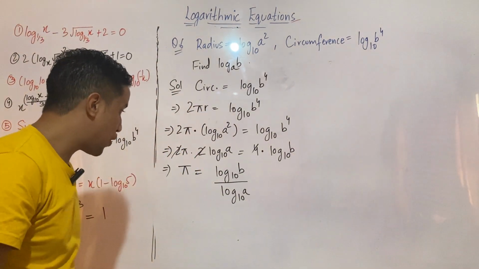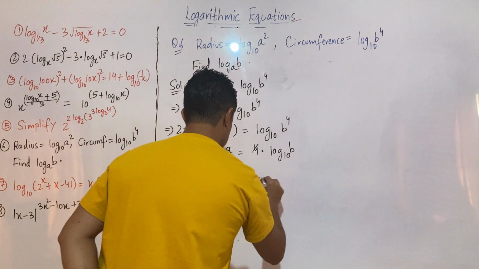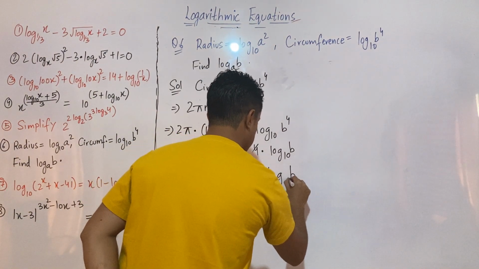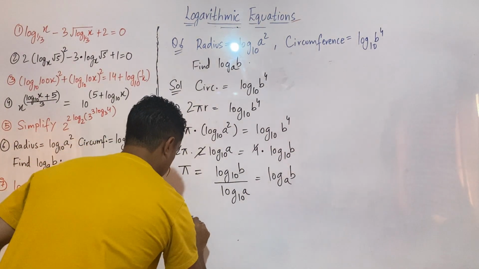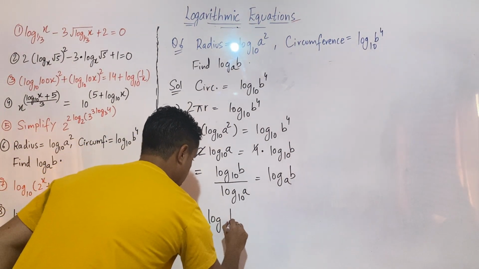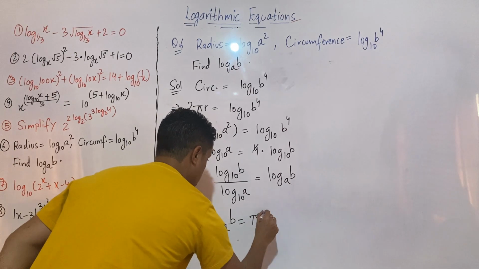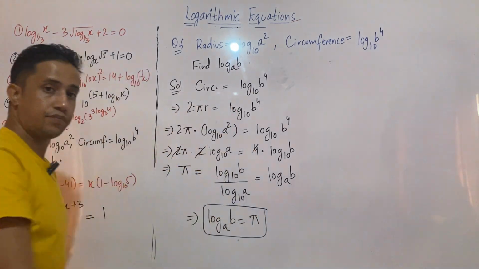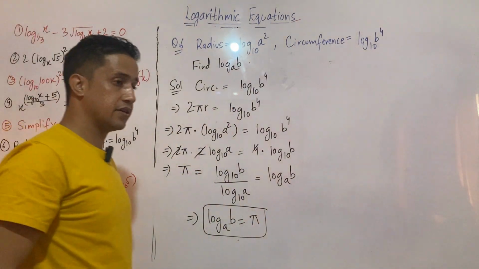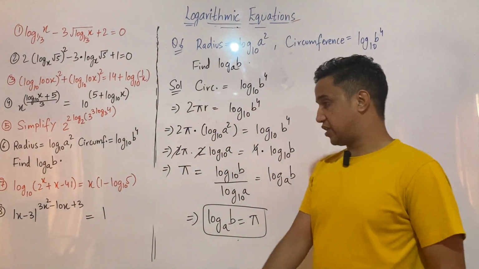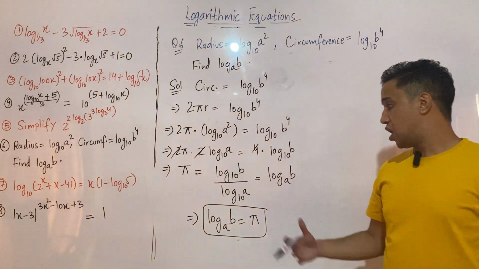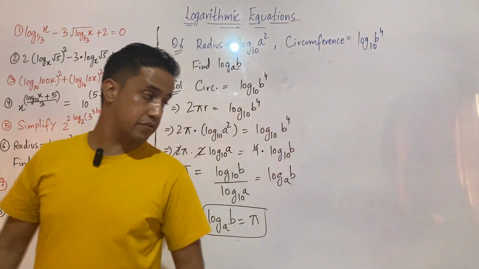Base changing theorem. So it's going to be log of b to the base a, right? So which implies log b to the base a is equal to pi. Simple, right? So see here, base changing theorem, it is going to be the game changer, right?